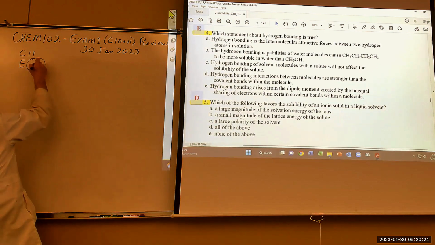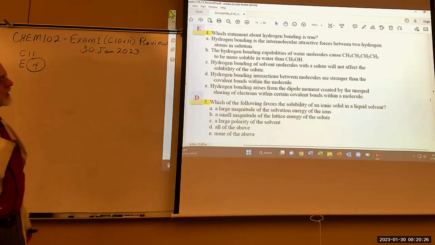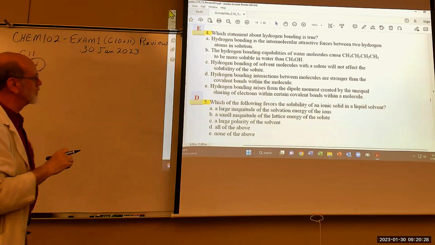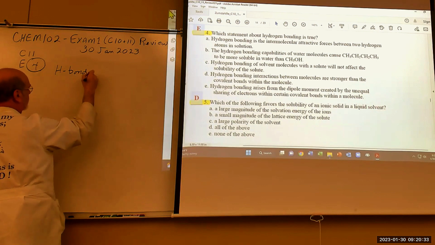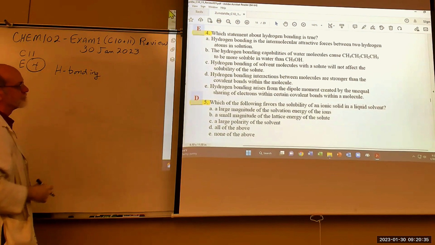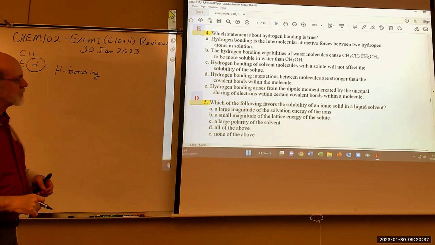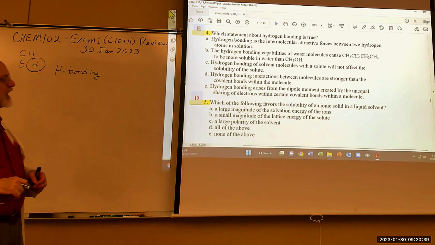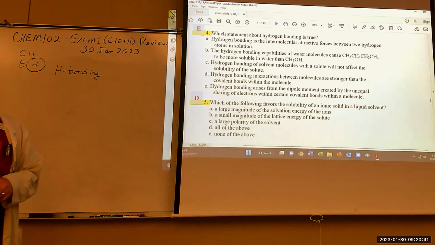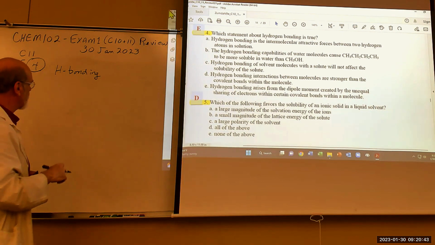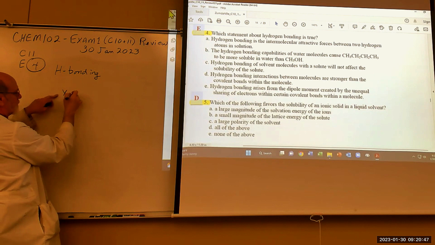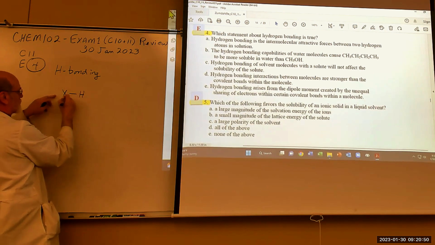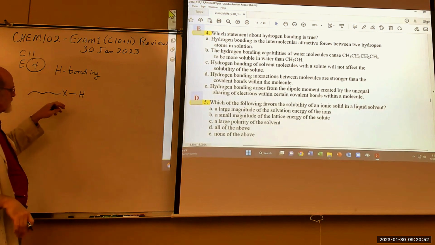Number 4, which statement about hydrogen bonding is true? Okay, we're talking about hydrogen bonding. Hydrogen bonding is the intermolecular attraction forces between two hydrogen atoms. I don't think so. All right, so what do you have with hydrogen bonding? You have an electronegative atom and hydrogen, and then it can be connected to something else.